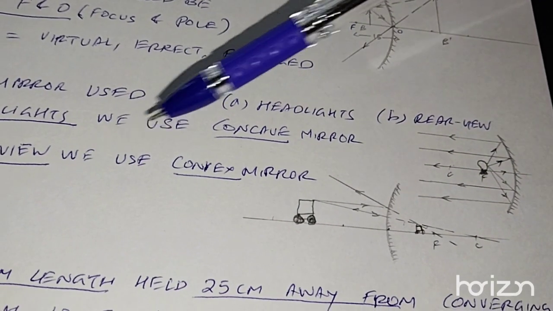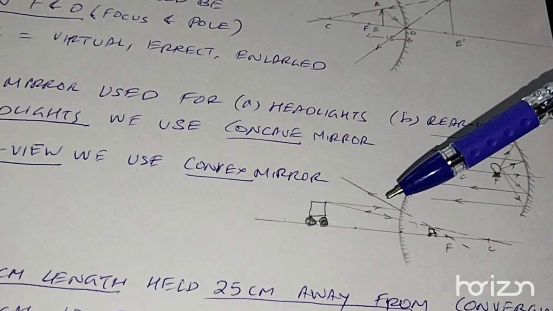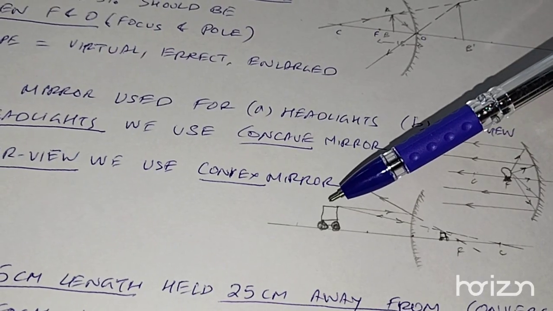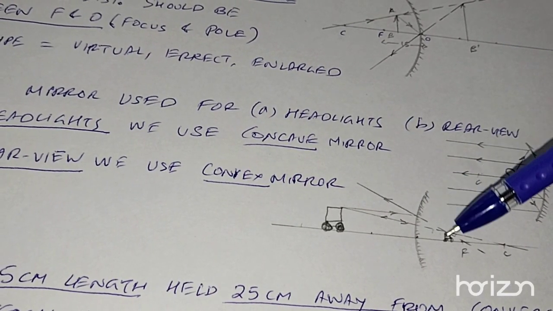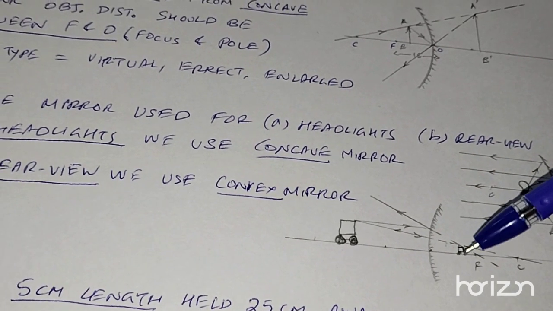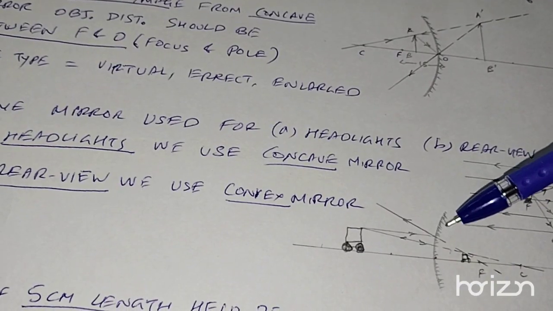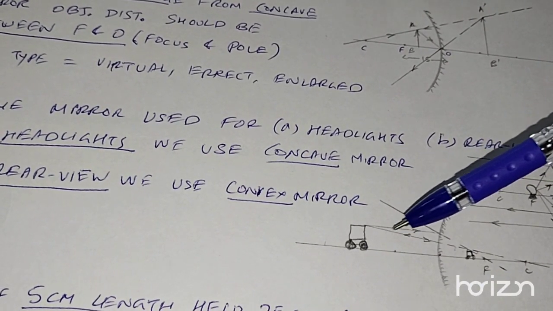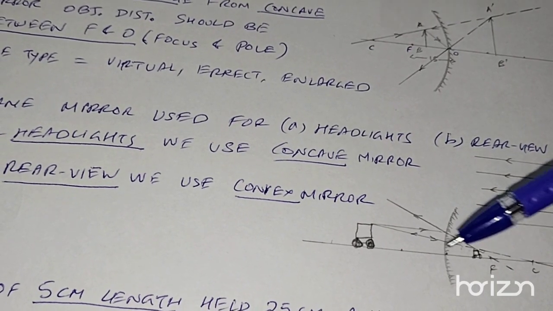What about rear view mirrors? We use a convex mirror for the rear view mirror, because if there is a big bus just behind us, the image formed will be smaller, so that you can see the whole of the bus in your mirror. That is why we use the convex mirror. You can see that a ray going parallel to the principal axis gets reflected such that it goes through the focus.